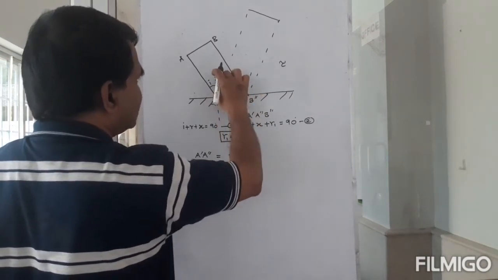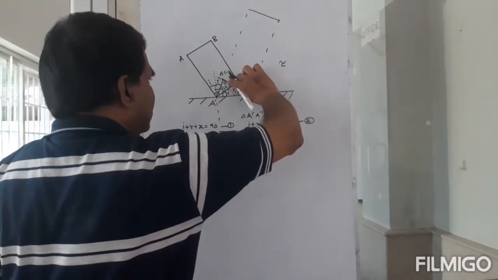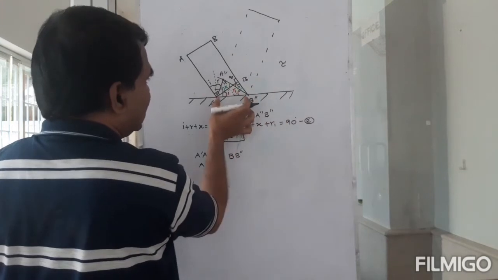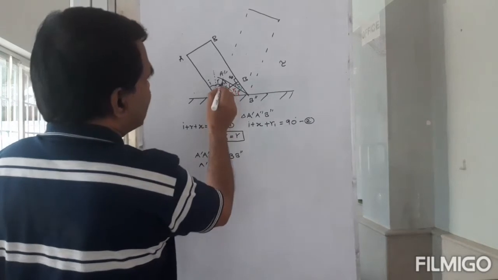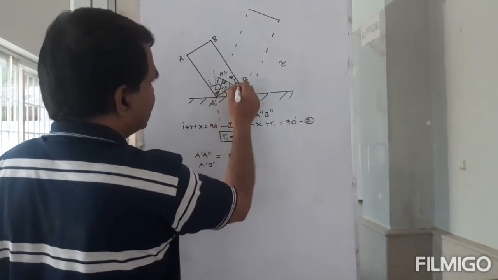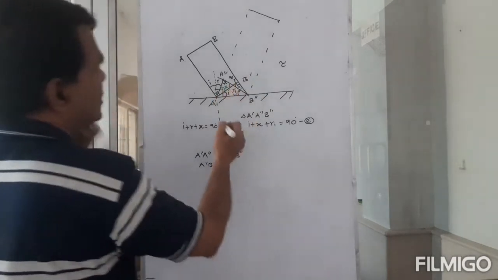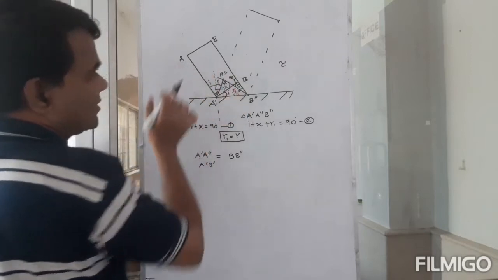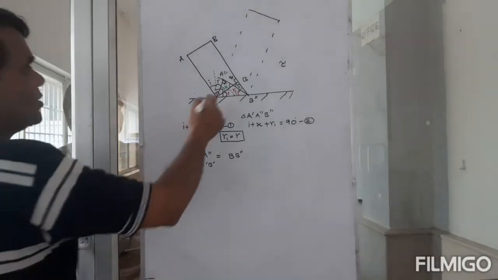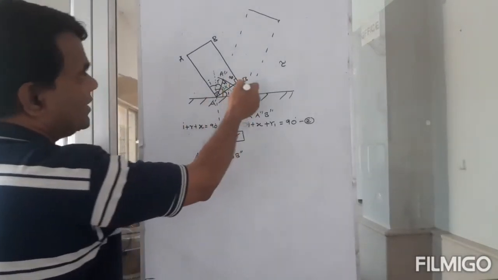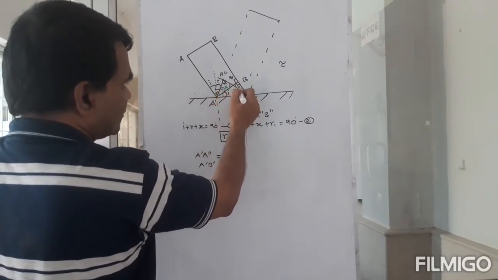I am taking this triangle and this triangle. So A dash to B dash, A dash to A double dash, and B double dash to B dash, they are equal, and A dash to B dash is the same side for both of them. And notice here I have the opposite angle 90 degrees, and here also I have 90 degrees. So this length must be the same as this length. You can very easily prove that, which means that all the angles must be the same. You have 90 here, then you have I plus X here, then R1 plus X here.